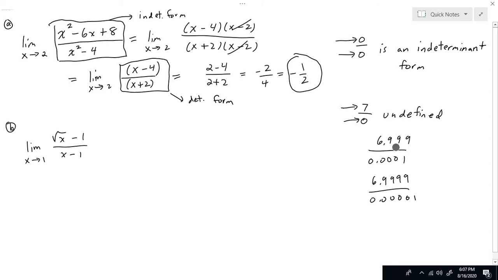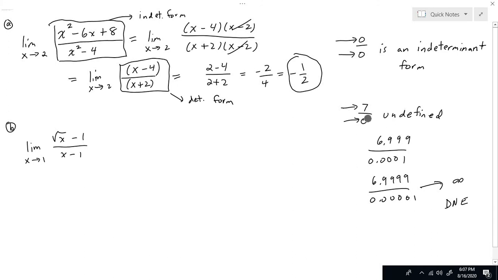The closer those things get to 7 and 0, the closer this fraction gets to infinity. It just becomes a really big number. So this heads towards infinity, which means the limit is undefined or does not exist.